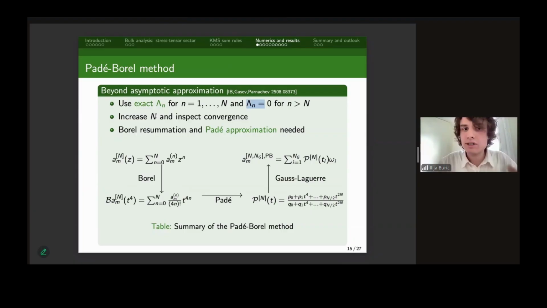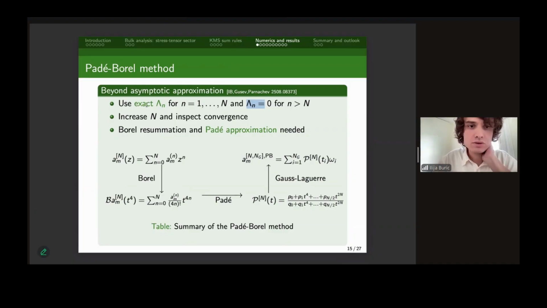We get some number, and then we increase N and see if this procedure converges and how well it converges. Naively, this procedure doesn't converge at all. What you need to do is the following.